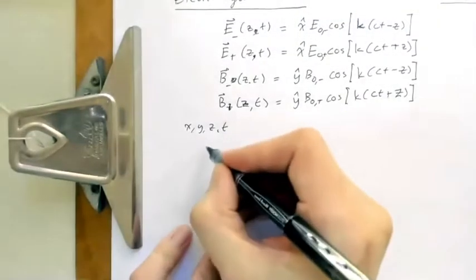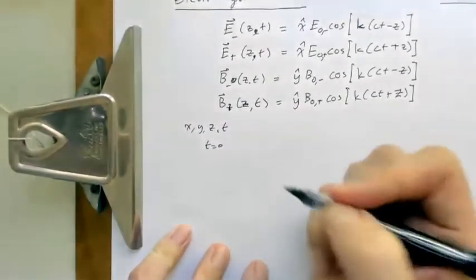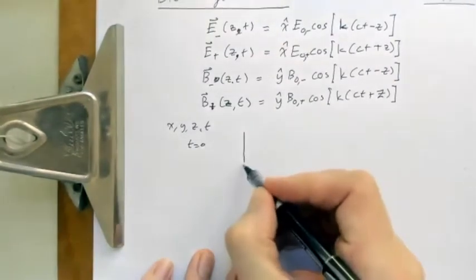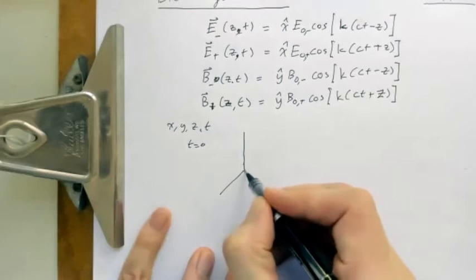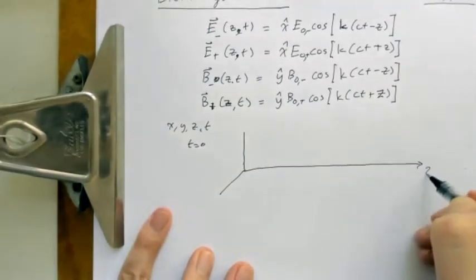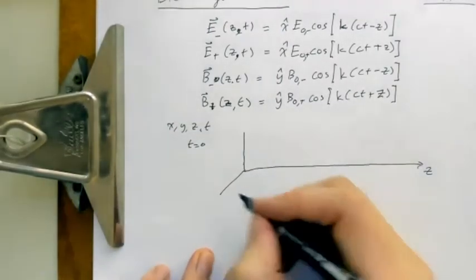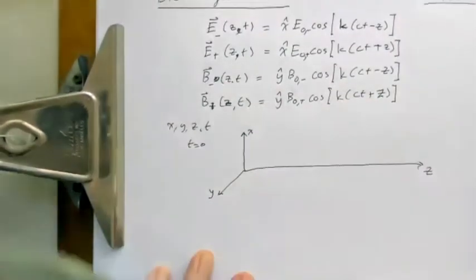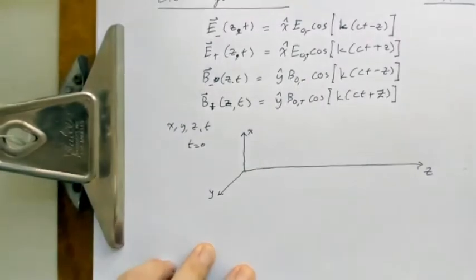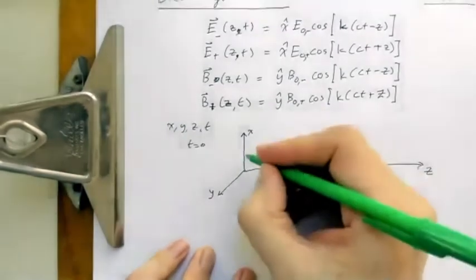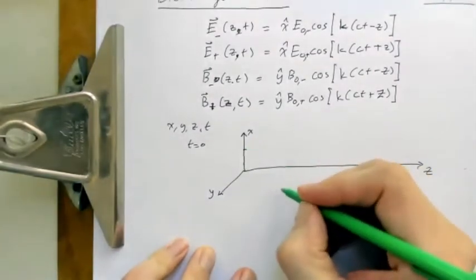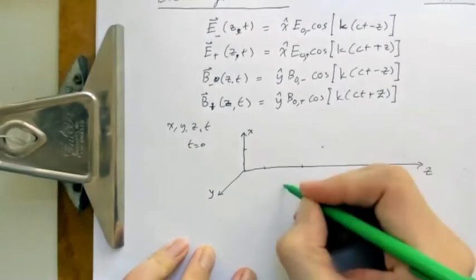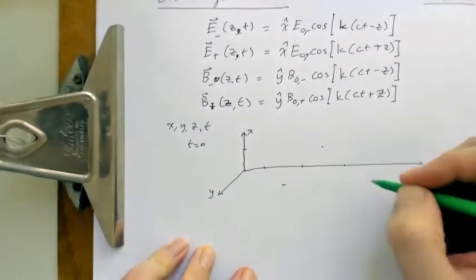So let's first take the case where t is equal to 0. So we have the x-axis, the y-axis, and the z-axis. Let's call this z, and let's call this x, and let's call this y. So we have a cosine for the electric field that goes from here, through here, through here, back here again, something like this.